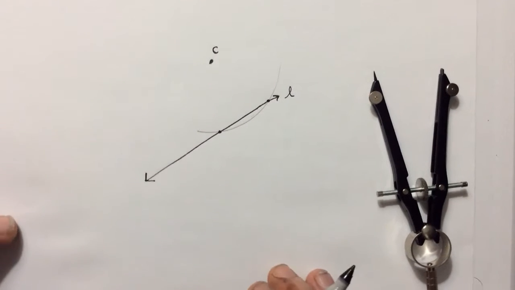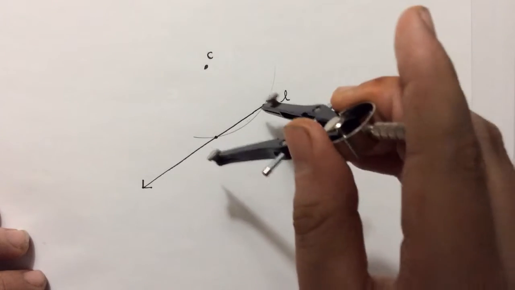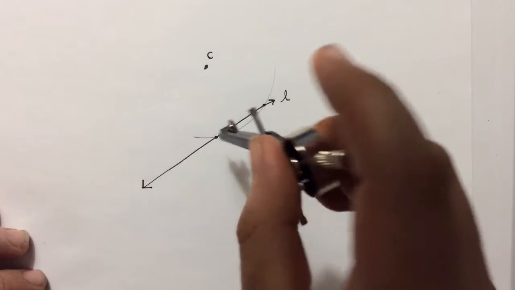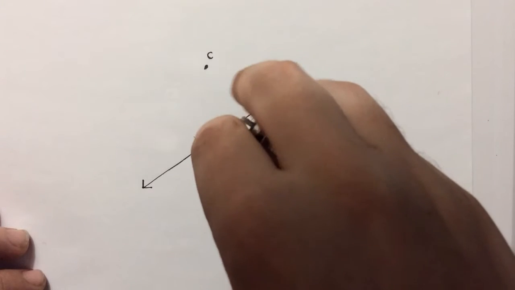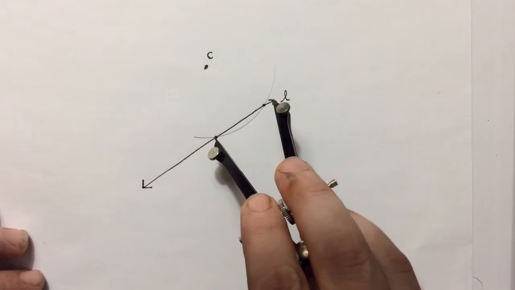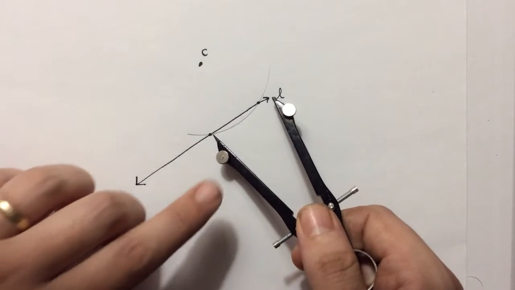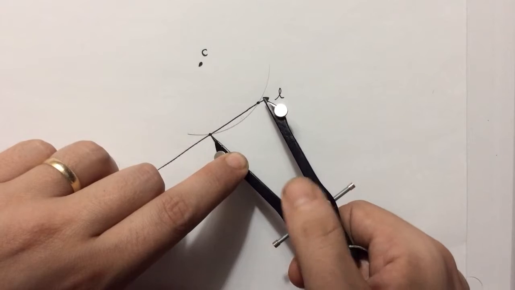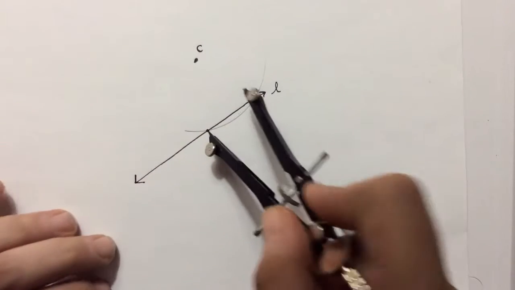Okay, now the perpendicular to this line is just going to pass through the bisector of this segment. So I'm going to set my compass to the length of the segment to construct the bisector.